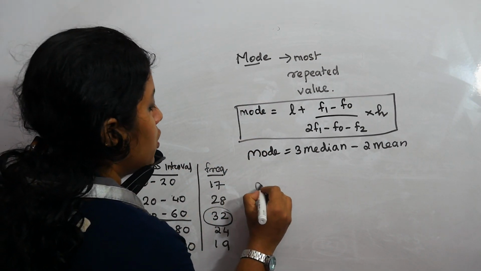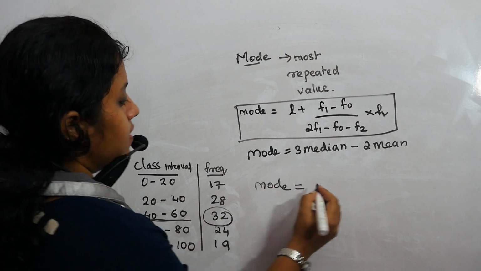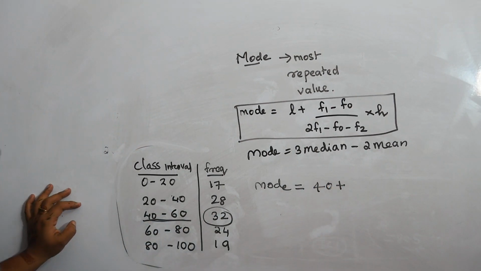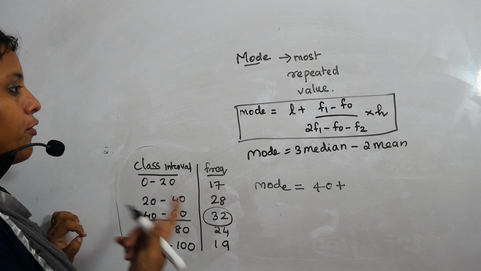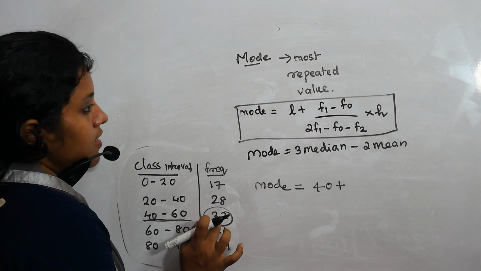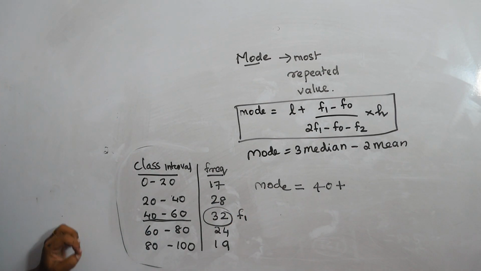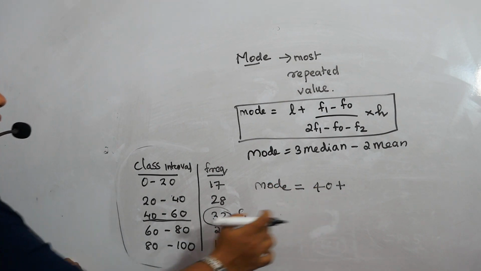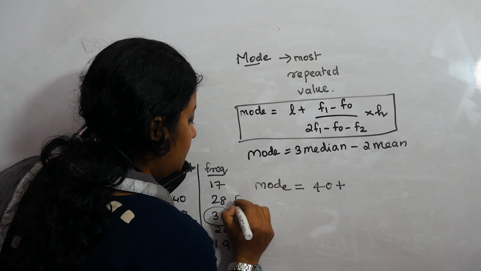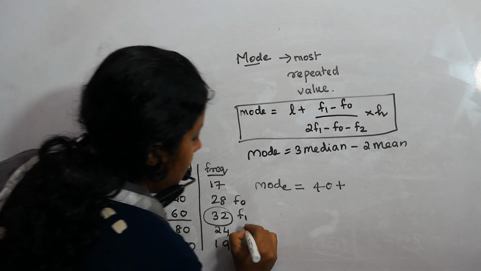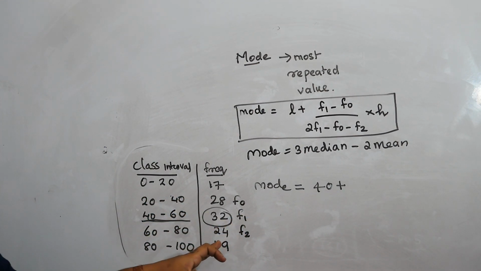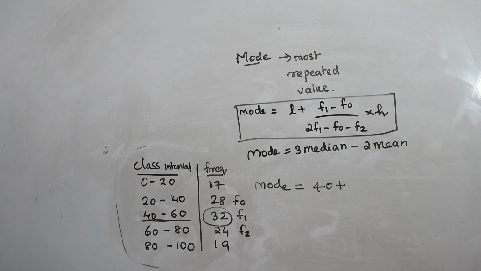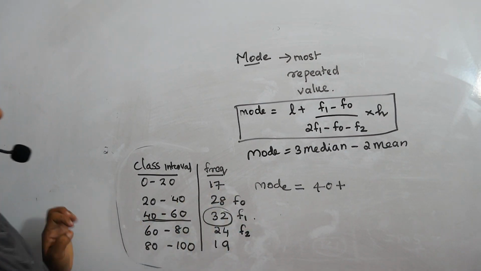The mode class frequency is my F1, the one before it is F0, and the one after is F2. So F0 is equal to 28, F1 is equal to 32, and F2 is equal to 24.